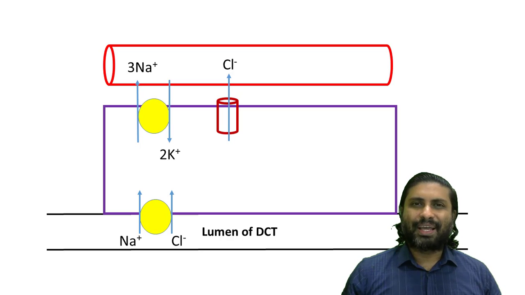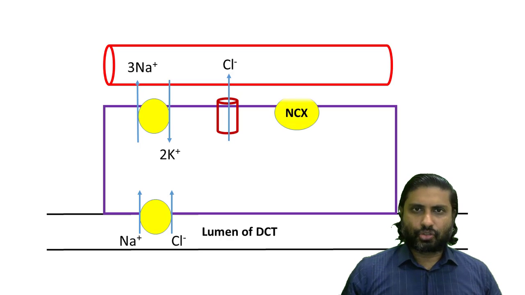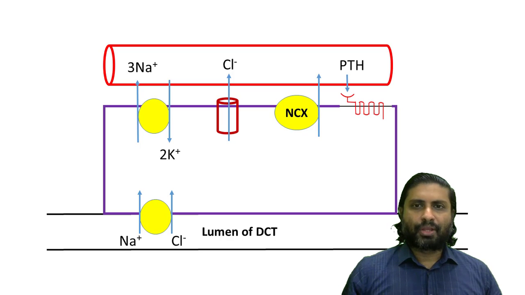And this is the NCX, or the sodium-calcium exchanger. The sodium-calcium exchanger is under the influence of a receptor, and that receptor is the parathormone receptor. When this receptor is stimulated by parathormone, the NCX is going to work more efficiently, and it pumps calcium ions out of the cell, and sodium ions are pumped in the opposite direction.